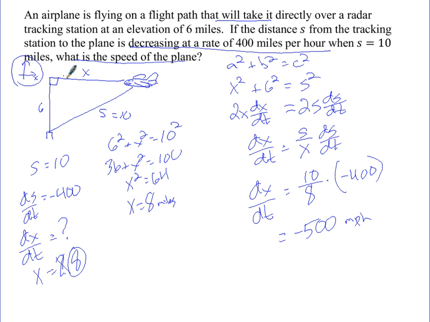I have a positive x going this way. That's why I wound up with a negative result. So this actually is a positive 500 miles per hour. We can talk about the direction that it's flying though now. Okay? So it's moving 500 miles per hour towards the tracking station would be the complete answer.